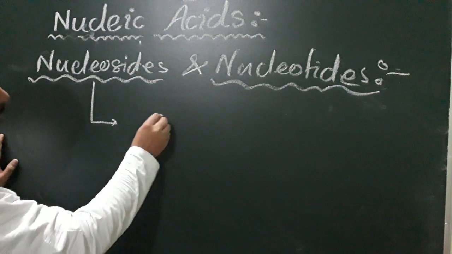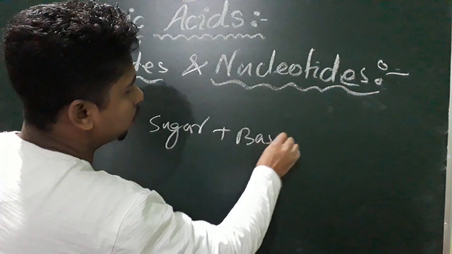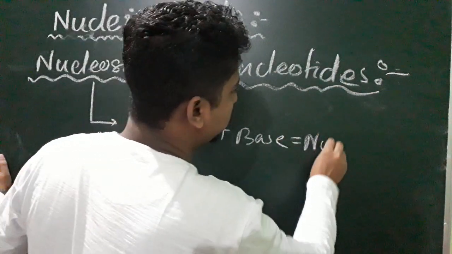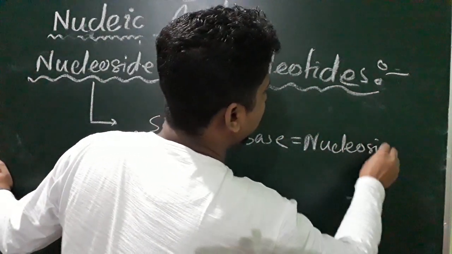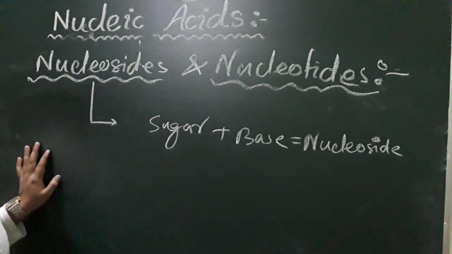There is a sugar plus base, equal to nucleoside. When a sugar unit and a base combine, they give rise to a nucleoside.